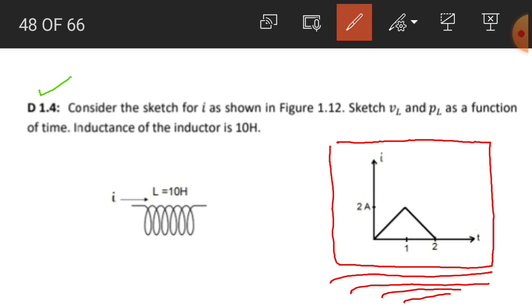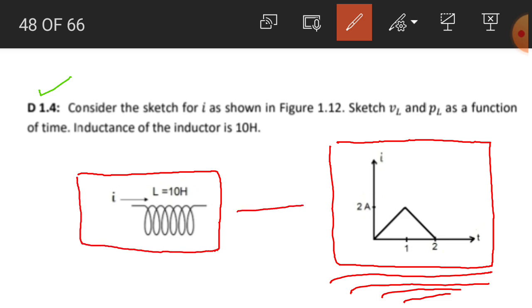Initially the current is increasing from 0 to 2 ampere, and then it is decreasing from 2 to 0 ampere.